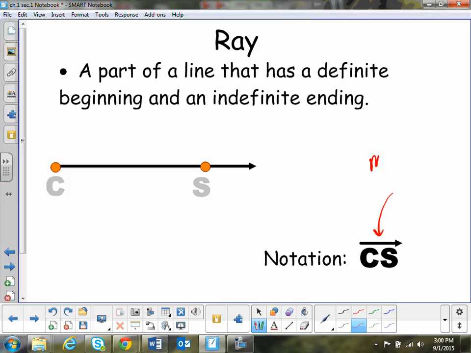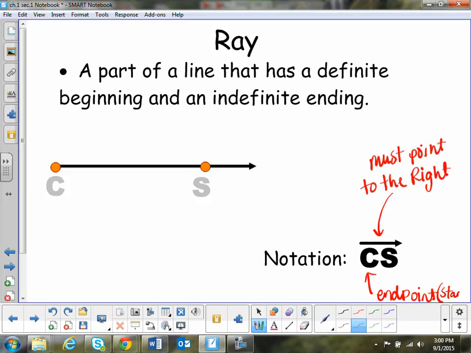It must point to the right, which means this first letter must always be your endpoint. Okay, where it starts. So that first letter must be your endpoint. Okay, so that's what a ray looks like.